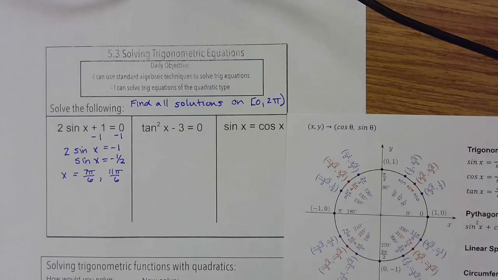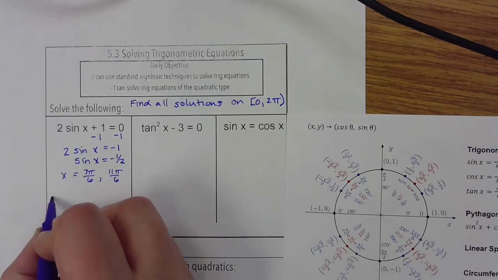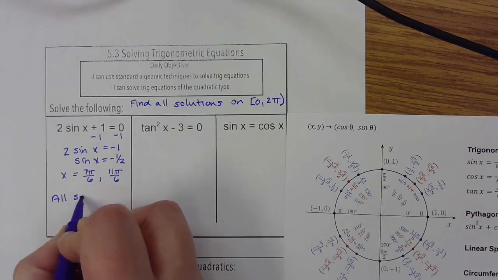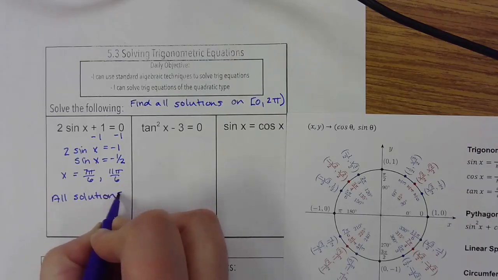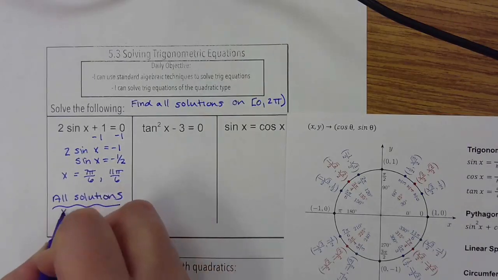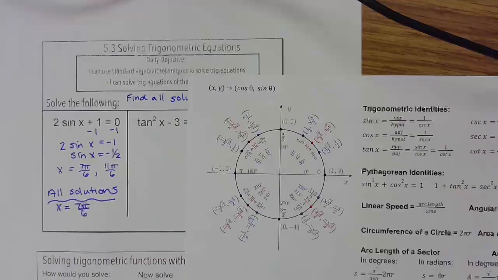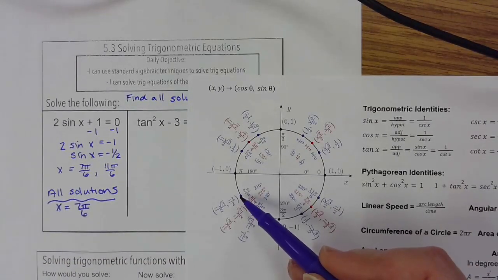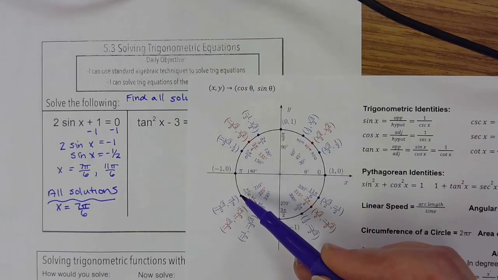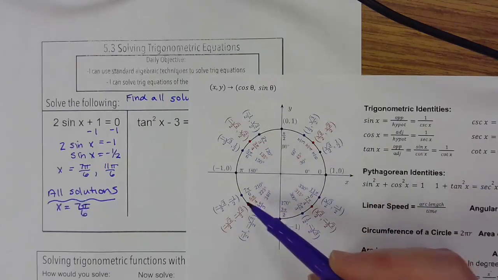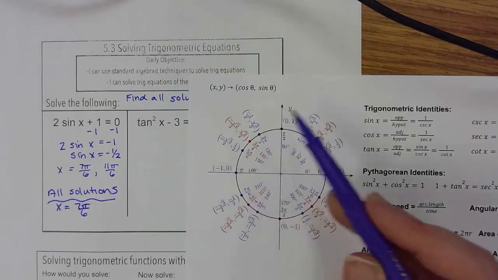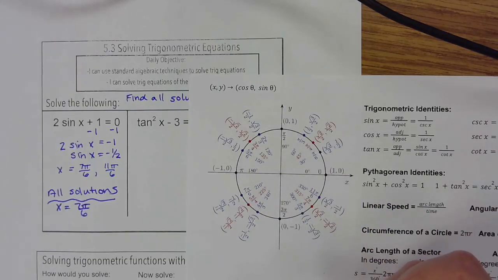Now, if you were asked for all solutions, this is what that would look like. You would have that 7 pi over 6, but again, if you think about your unit circle, you would also have another solution, a full rotation later, and a full rotation later, or a negative rotation back the other way. That would also be the same solution.